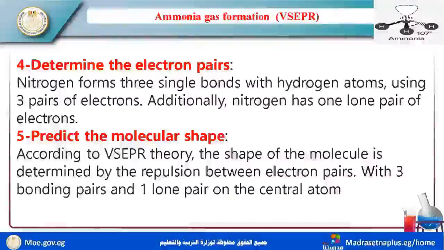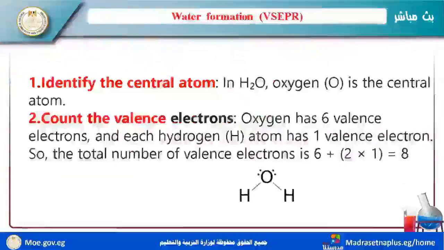Now we have to know the shape of any molecule by using the Lewis dot model or diagram. Identify the central atom. H2O, we have water. I have hydrogen and oxygen. The central atom is oxygen.